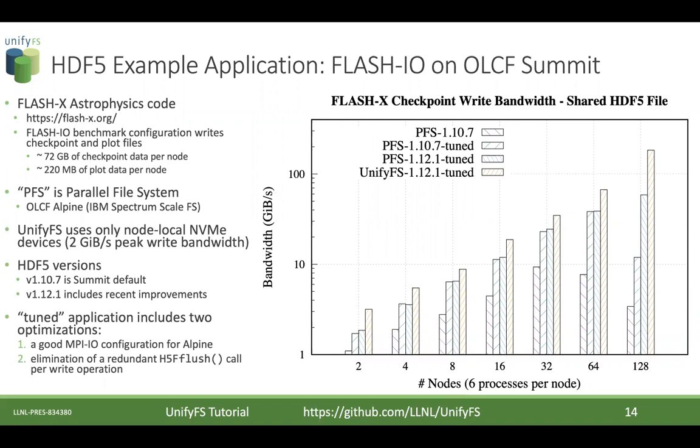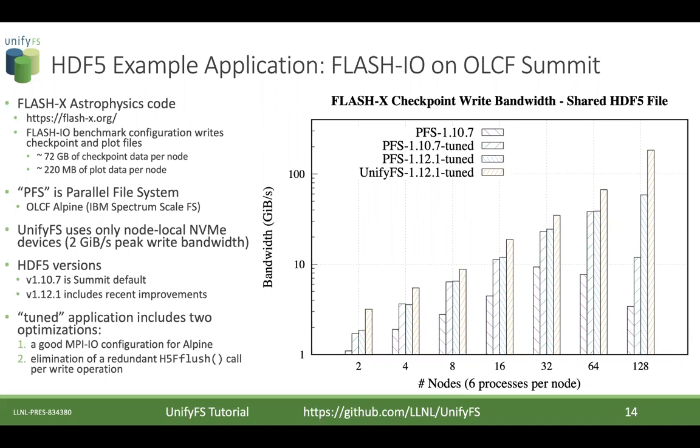And so we eliminated that because it was redundant and not necessary. And then we also took a known good MPI-IO configuration for Alpine and applied that. And so you'll see that just by tuning the application, we restored reasonable behavior. So it scales up pretty well to 64 nodes and then starts dropping off again.